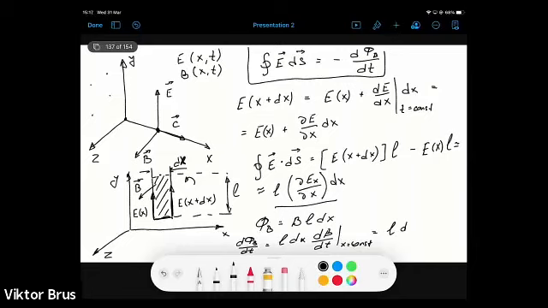So we have the right side of Faraday's equation. We will need to put this minus here later when we put them together, and let us write the result of applying Faraday's law for our system.